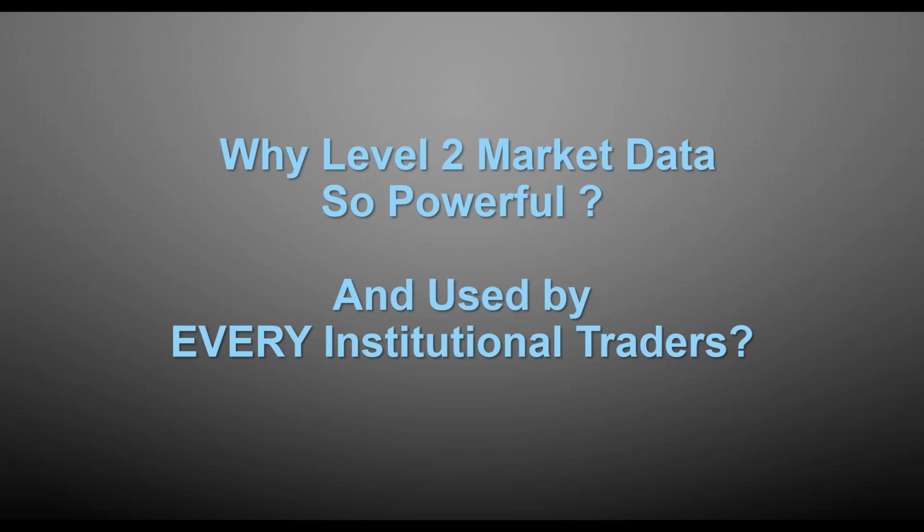But the really frustrating point is that almost the opposite happens on the retail side. 100% of institutional traders use level 2 as their main focus to decide trades, but retail traders don't even have access to level 2, they don't even look at level 2 data. They just trade based on historical charts.